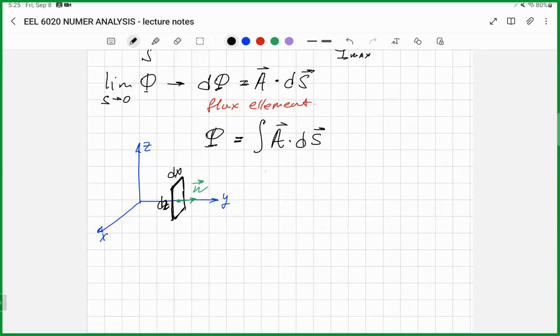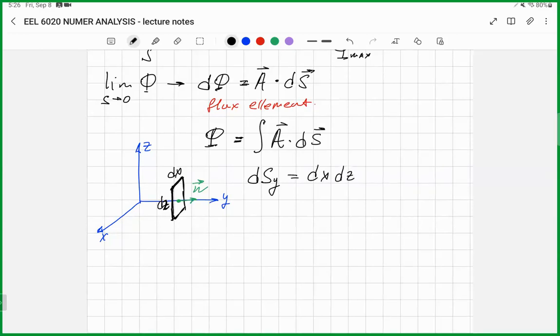By the definition of the area of the rectangular element, it will be equal to dS, and I put y here to denote that this is the element orthogonal to the axis y, and it's equal to dx dz.